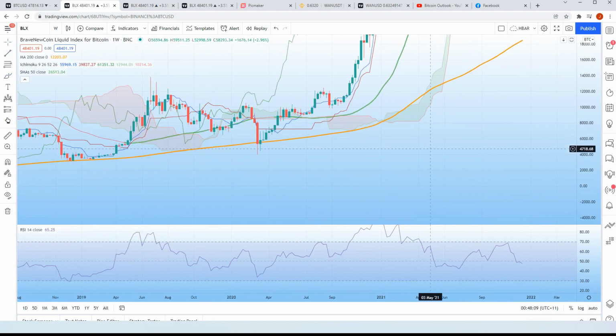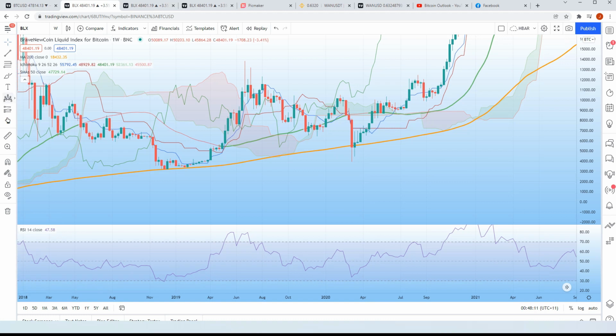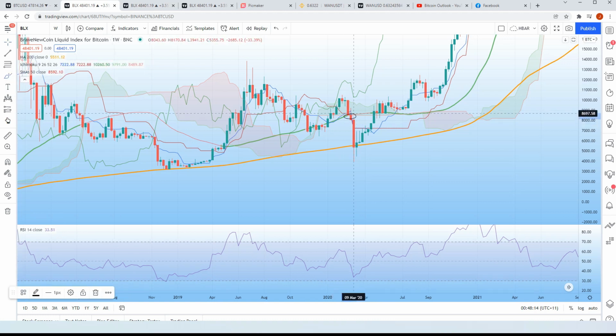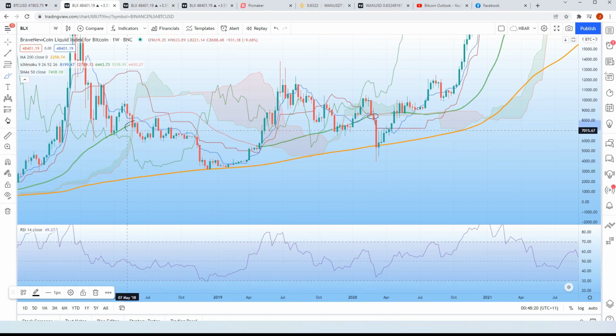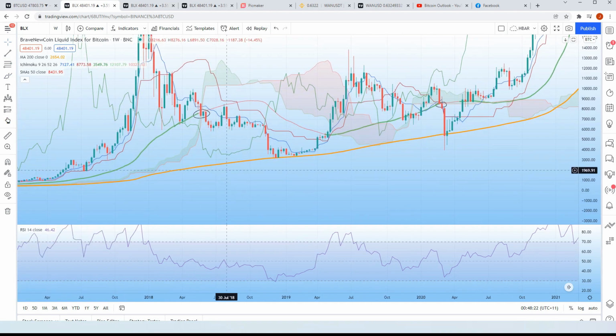If we look back in history, we can notice every time we lose a 50 SMA on the weekly, we end up crashing. All right, we crashed pretty damn hard here, and we crashed pretty damn hard here. All right, this sent us into a full-blown bear market, and they've sent us down a considerable amount.